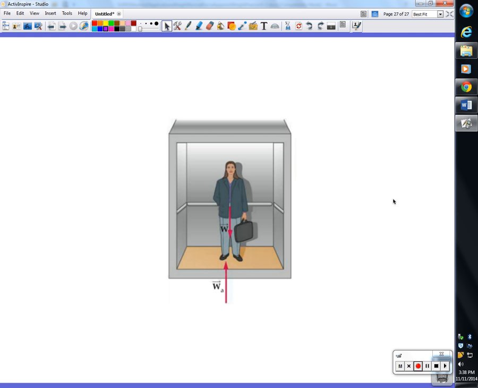But let's say that this elevator isn't an elevator. It's actually the Power Tower at Cedar Point.